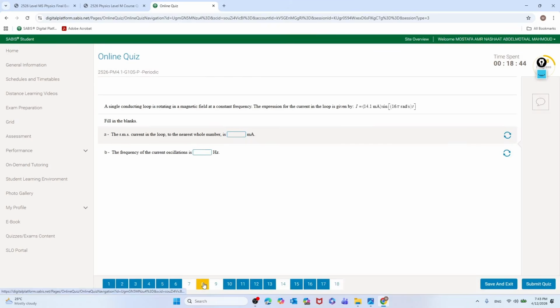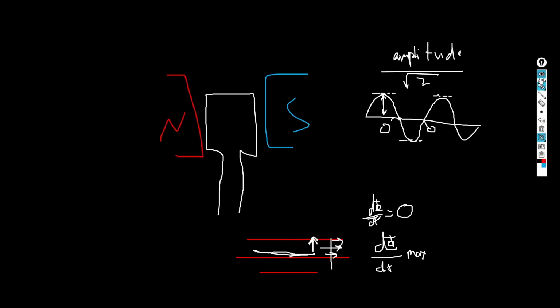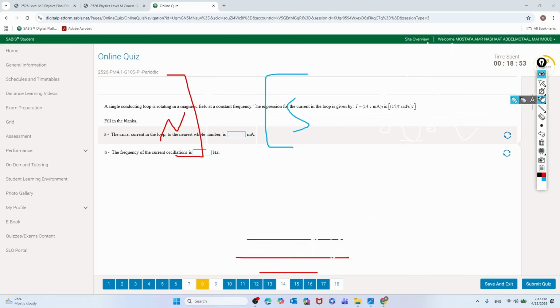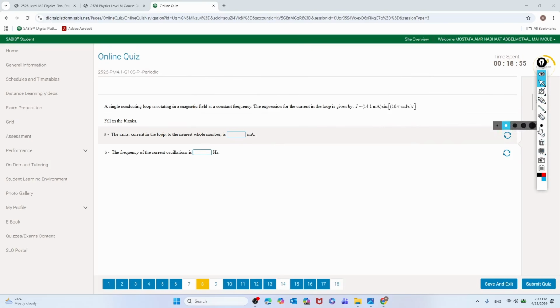Now here, question 9. Okay, this is what I want to explain. For the root mean square, you just do 14.1 over radical 2, and you get 9.97.